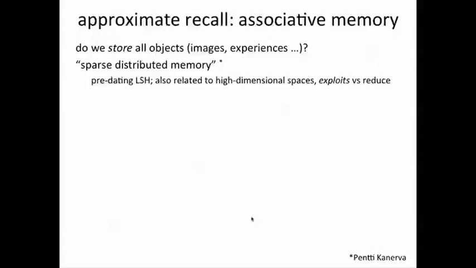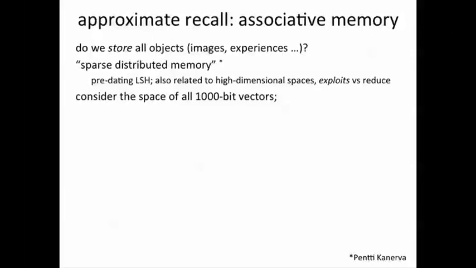So this stuff predates LSH, is also related to high dimensional spaces, but rather than reducing the dimension, it also exploits the fact that the space is high dimensional. Sparse distributed memory exploits some rather peculiar features of high dimensional spaces.